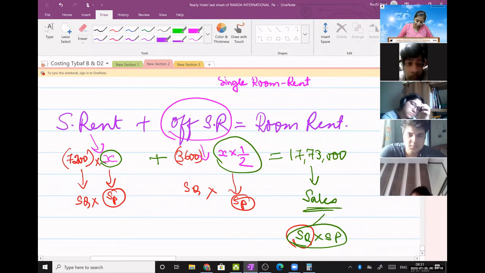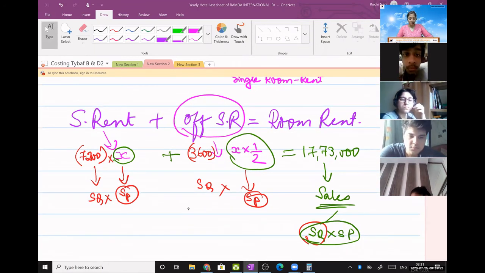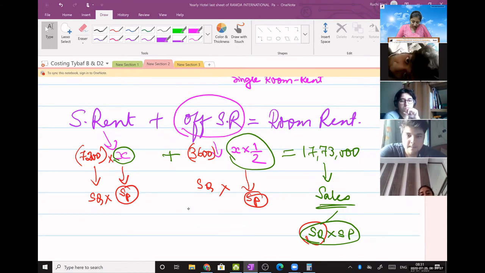Is this equation clear to everyone? Acknowledge it in the chat box. Is the equation clear? Shali, what have you written? What doubt you have?